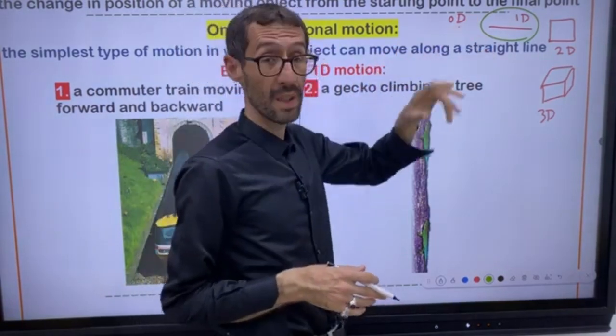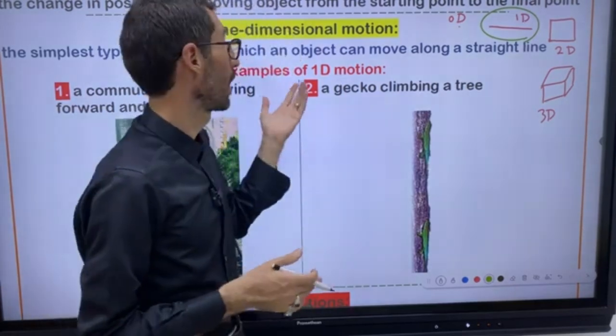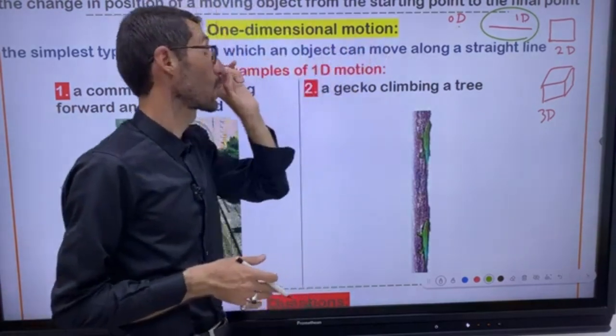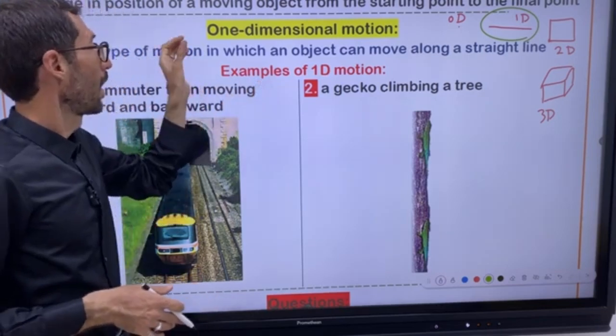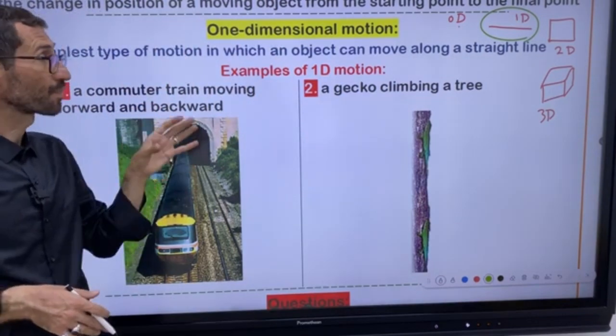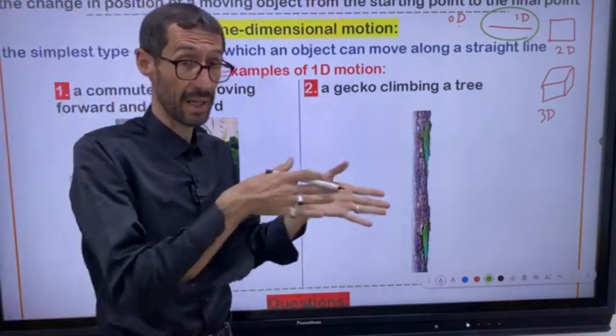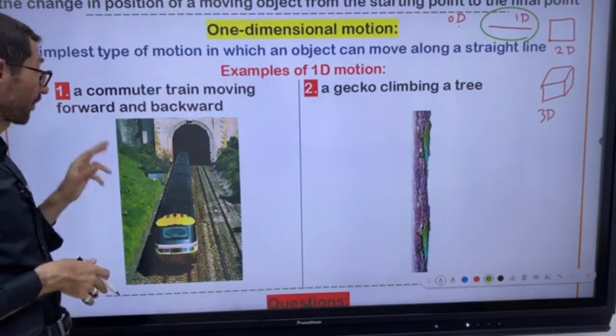Any path with one dimension is considered one-dimensional motion. So one-dimensional motion, I told you, is the simplest type of motion along a straight line.